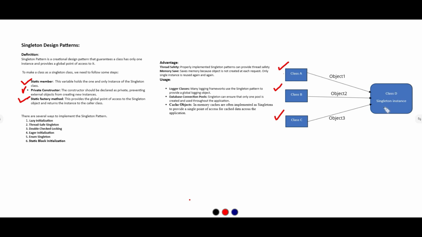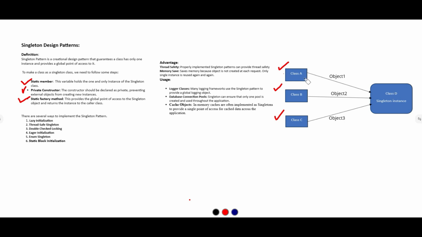As this factory method is public, it is accessible from class A, class B, and class C. So when class A calls the public factory method, the private constructor will be invoked from it, and one object of this class will be created, and that factory method will return an object of class D.